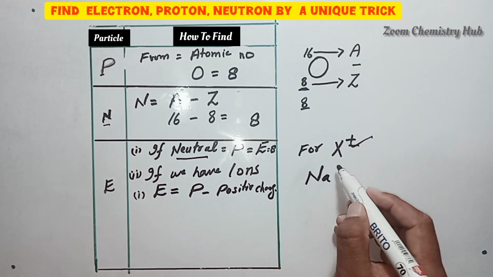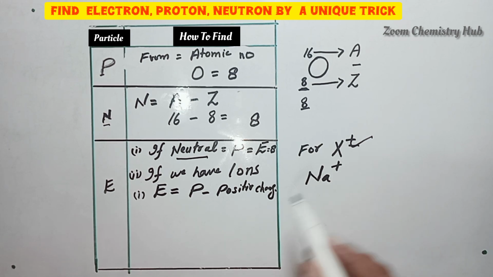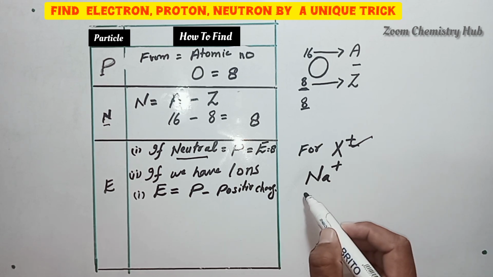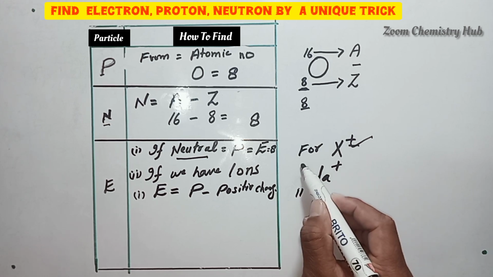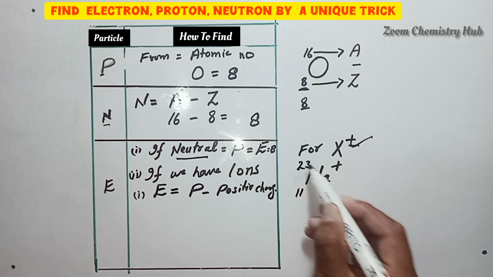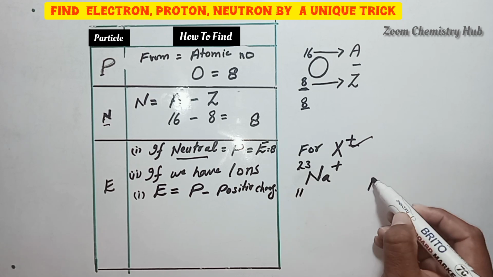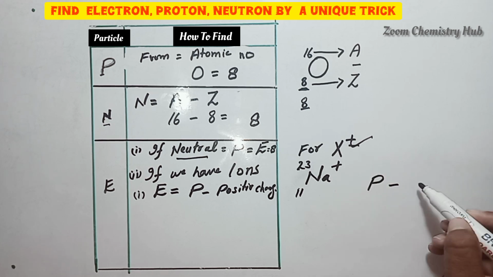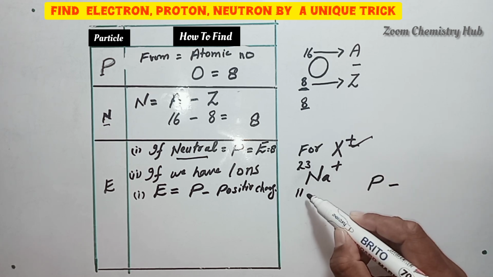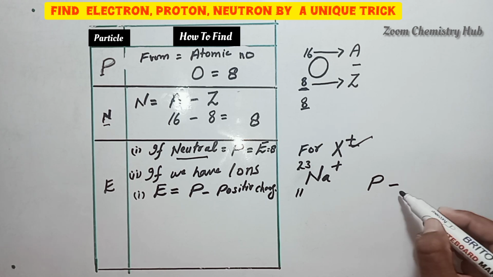For example, we have sodium ion. It carries +1 charge. Its number of proton is 11. So we subtract its positive number, that is plus 1, from the number of proton.